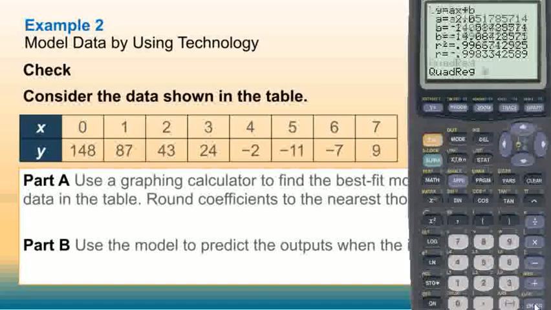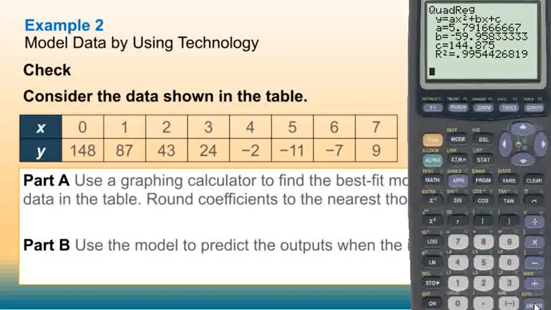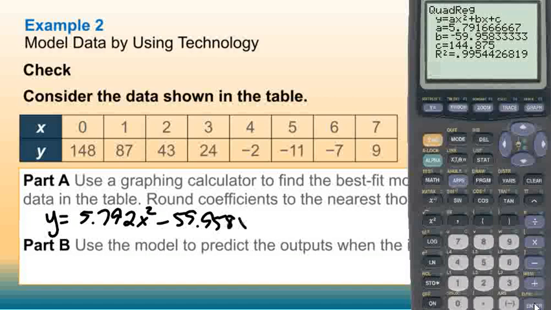Hit enter. And we're going to have y equals 5.792x squared minus 59.958x plus 144.875.